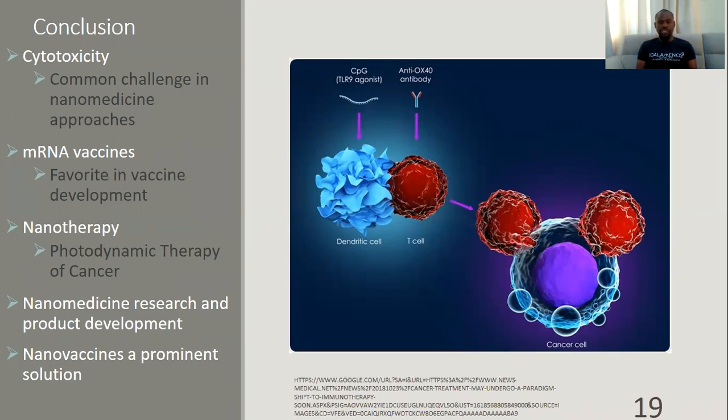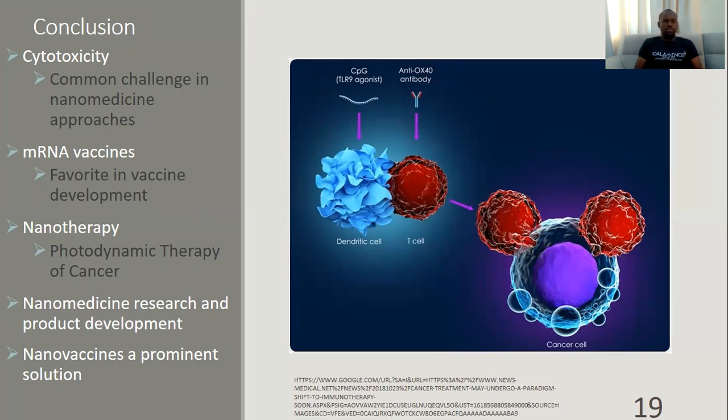It doesn't just interact with cells at random, it goes to the specific site, and we can actually control how much of the vaccine you inject the person with, because you do not have to cater for whatever would be lost along the way, because most of it will actually reach the targeted site.